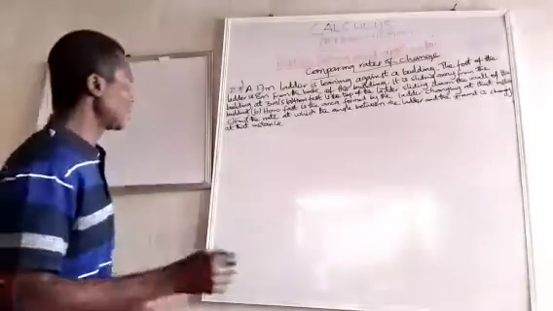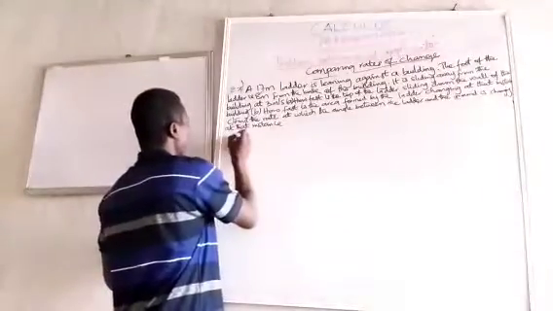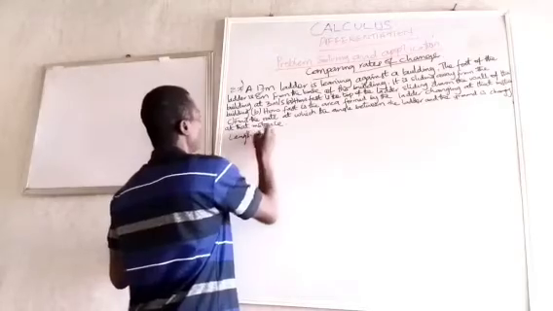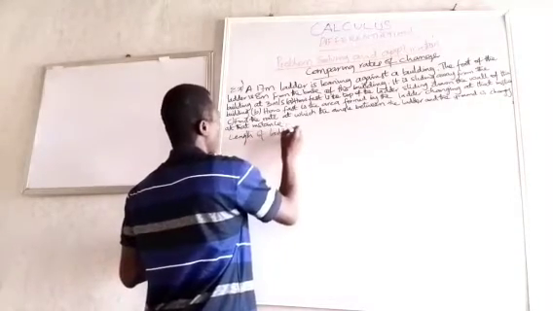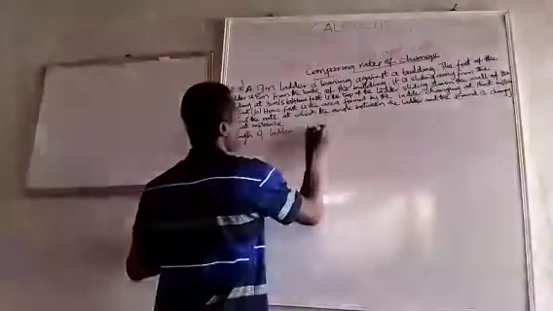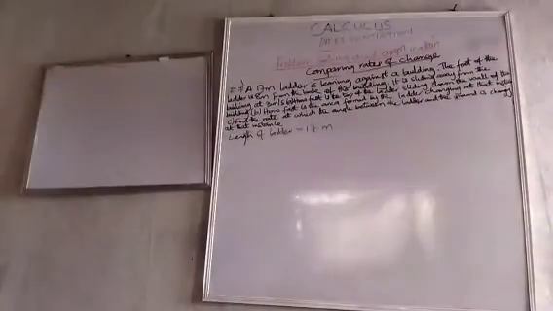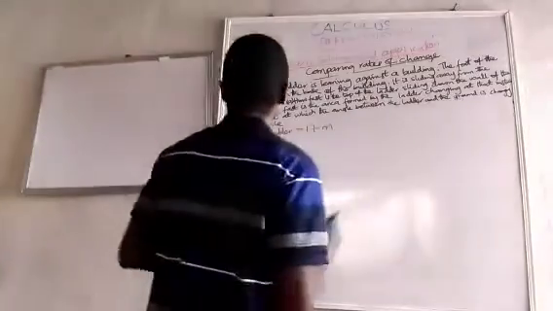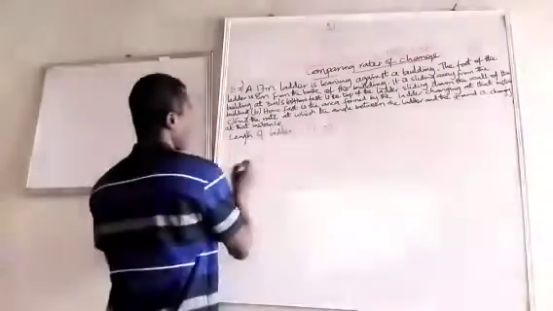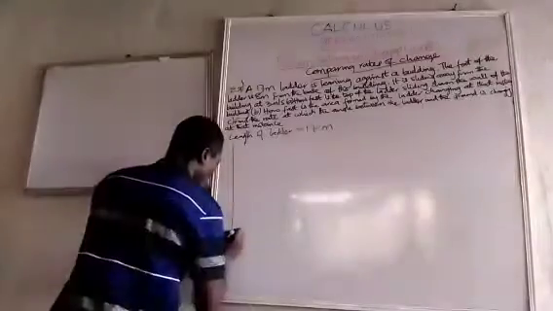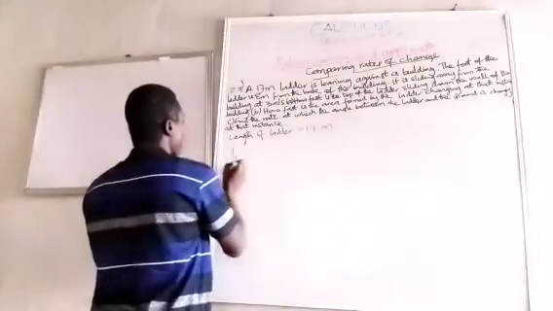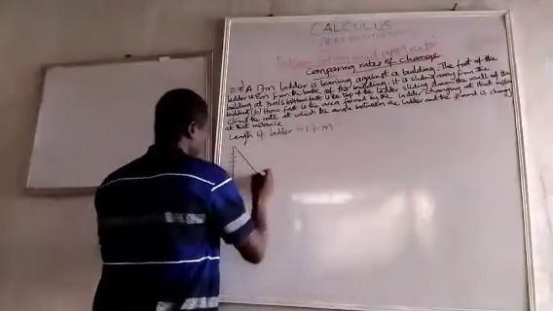We have some information here. The length of the ladder is 17 meters. And the foot of the ladder is 8 meters from the base of the building. So let's call this place the building. And we have this.